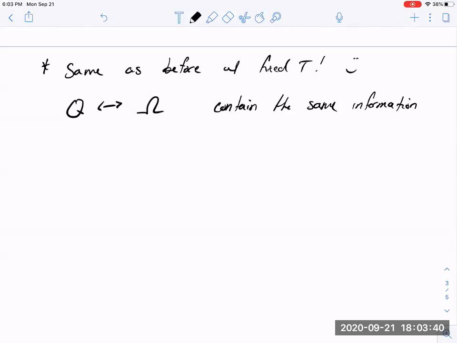So to take a step back and reconsider both of those objects, Q and omega. Omega is an object that encodes information about a system at fixed energy.